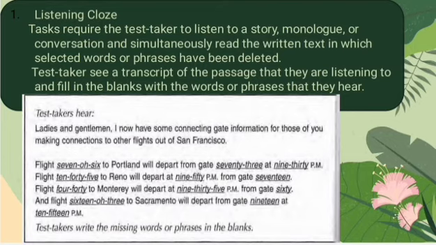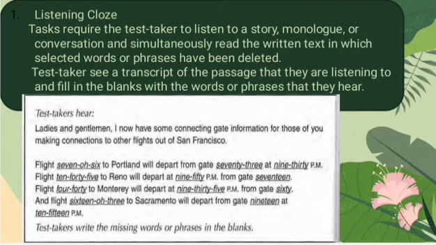In this listening cloze, tasks require the test taker to listen to a story, monologue, or conversation and simultaneously read the written text in which selected words or phrases have been deleted. And then the test taker sees a transcript of the passage that they are listening to and fills the blanks with the words or phrases that they hear.